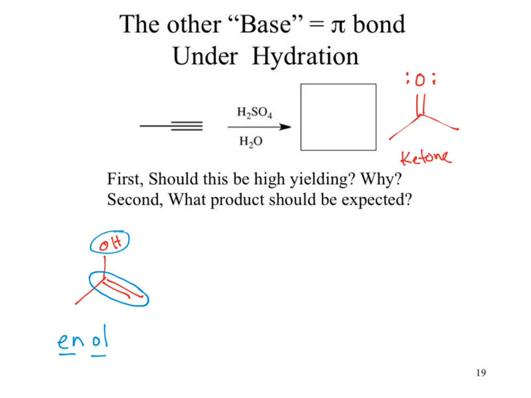It was at the tail end of one of those chapters, either 5 or 6. There is the keto-enol tautomerization. That structure is highly unstable, and it ends up interconverting.